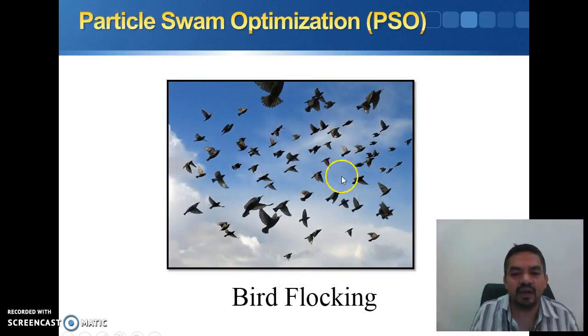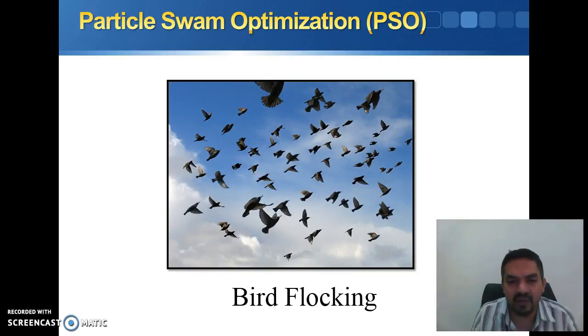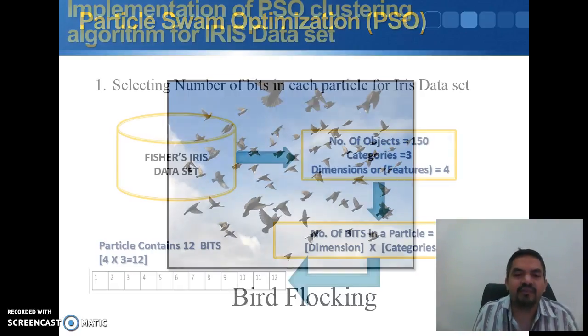This is an example of particle swarm optimization: birds in different places have their own position values, and depending upon the leader, all the birds change their position. Similarly, depending upon one centroid value, the remaining particles change their position. So the bird flocking example can be applied to our clustering problem.